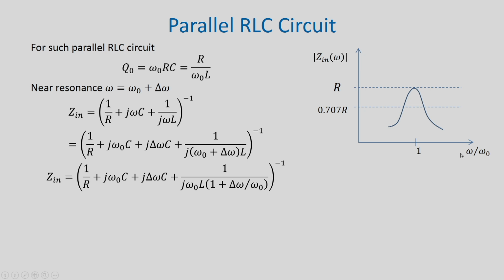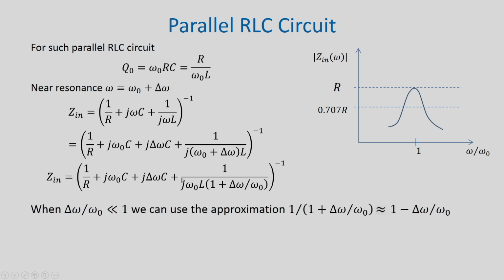That means, when this ratio is 1, and we will see that half power points will be for magnitude of Zin to be equal to 0.707 of its maximum value, that is R.